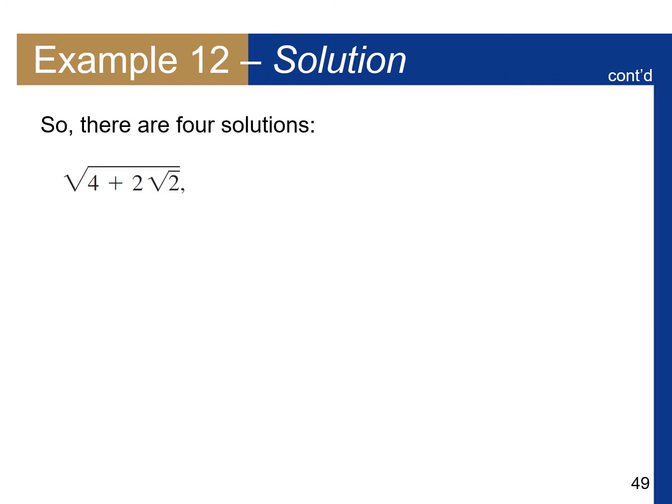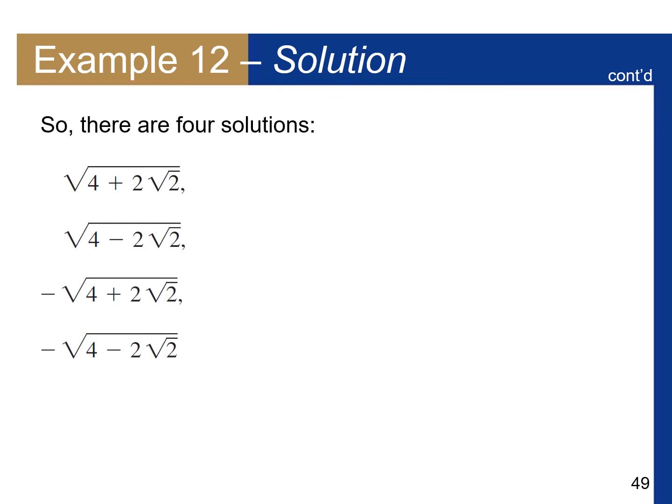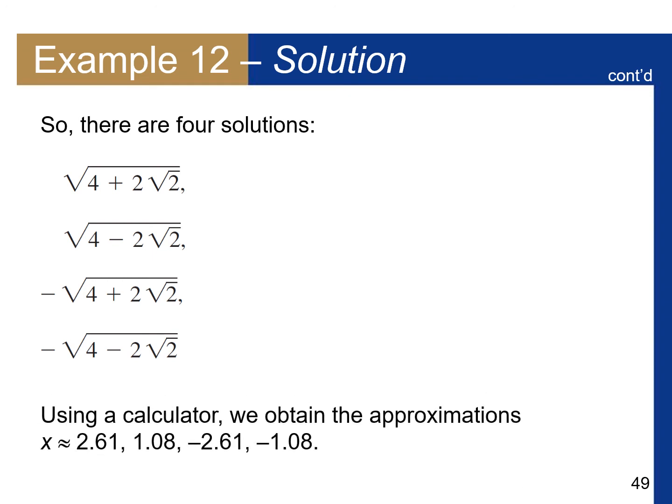So there are 4 solutions. There is the square root of 4 plus 2 square root of 2, the square root of 4 minus 2 square root of 2, negative square root of 4 plus 2 square root of 2, negative square root of 4 minus 2 square root of 2. And if we put them in the calculator, we can get close approximations.